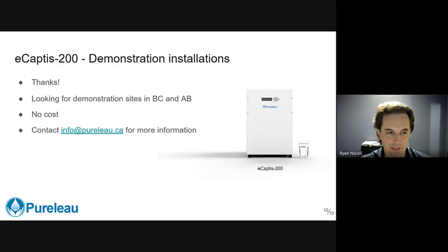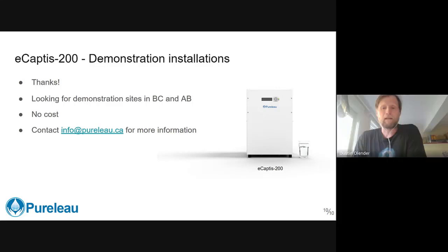The 200 in the name eCaptis, what's that referring to? Because we talked about 50 gallons per day capacity. Yeah, for me, it was loosely about the average scenario, and so it's gallons per day. But there is quite a wide range because of the technology.